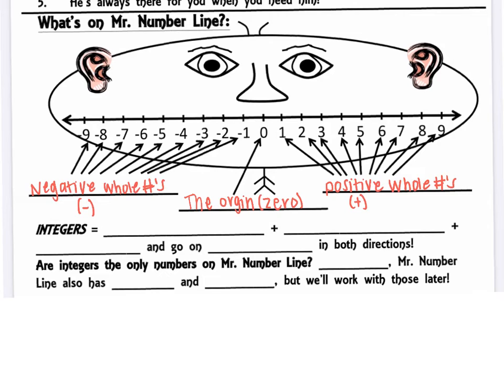They have to have a negative sign in front of them in order to tell the reader that we're working with negative numbers. So integers are negative whole numbers and positive whole numbers. And it also encompasses the origin, or 0.